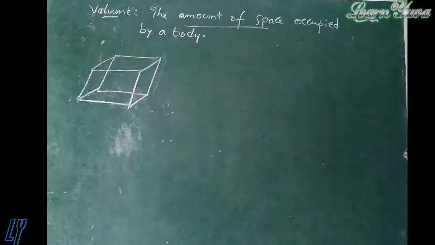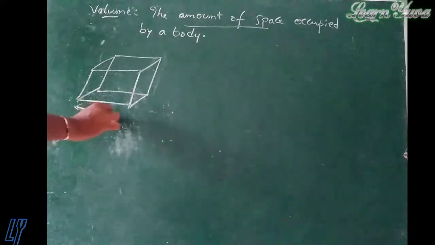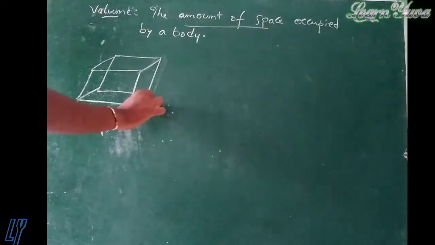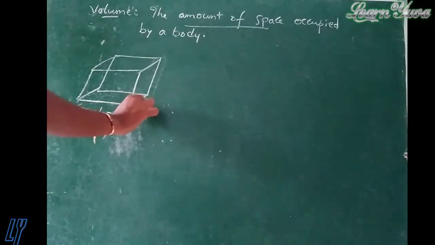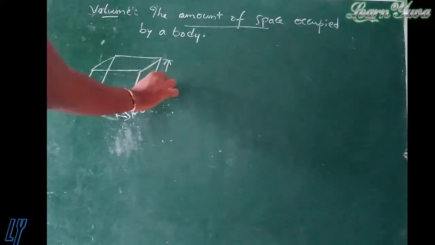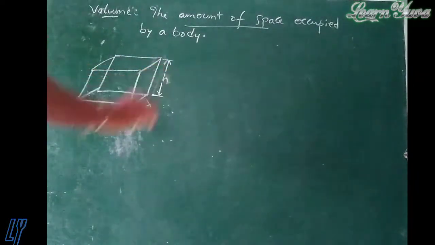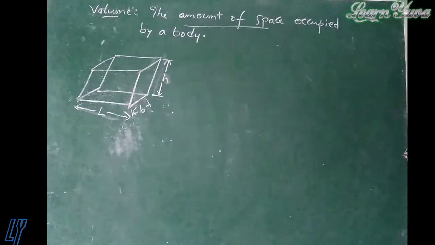Imagine this is a cube, so this is the length, this is the breadth, and this is the height. Whatever the body, it has length, breadth and height, so that body occupies some volume.